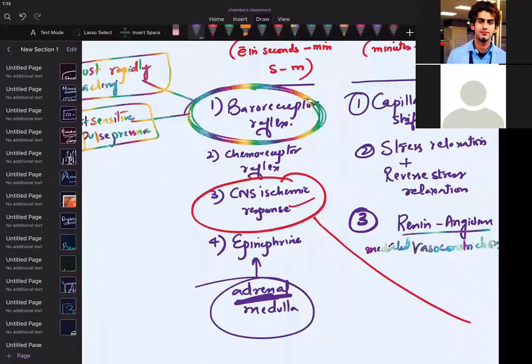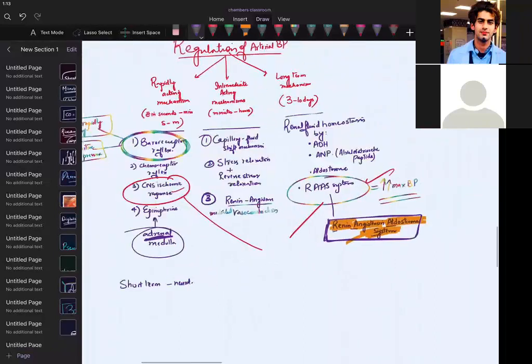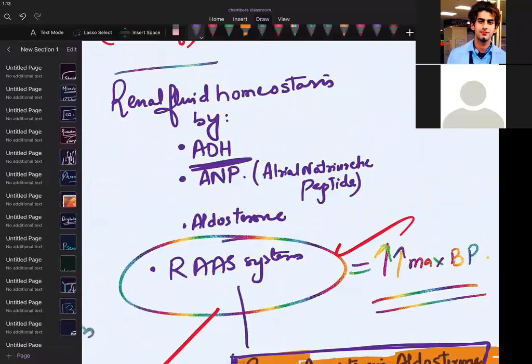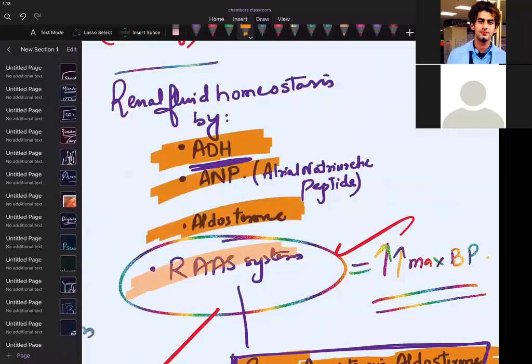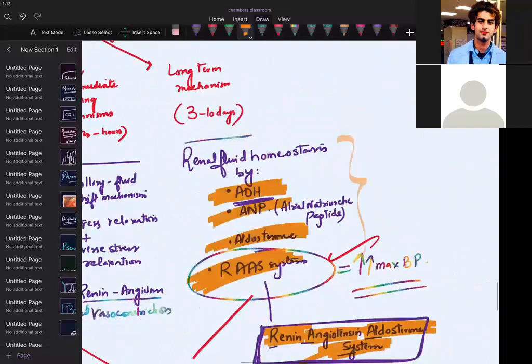So short term regulation is mainly neural mechanisms. But can you see long term has hormones also? Guys, I'm making you visualize. Everything should be conceptual. Hormones, hormones, hormones. So that's why we say long term regulation is hormonal.